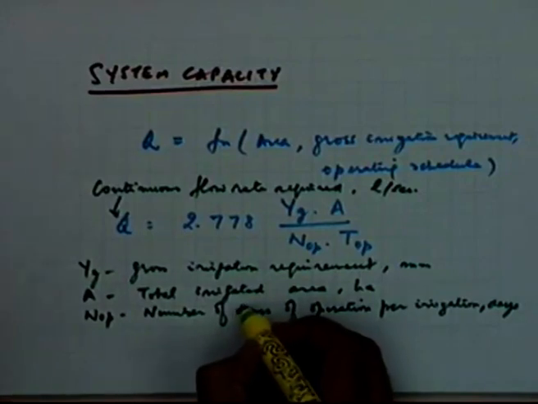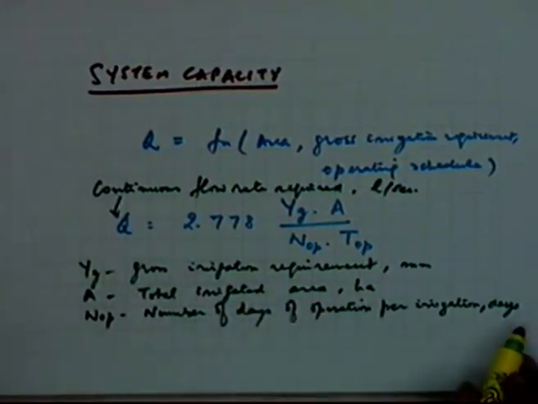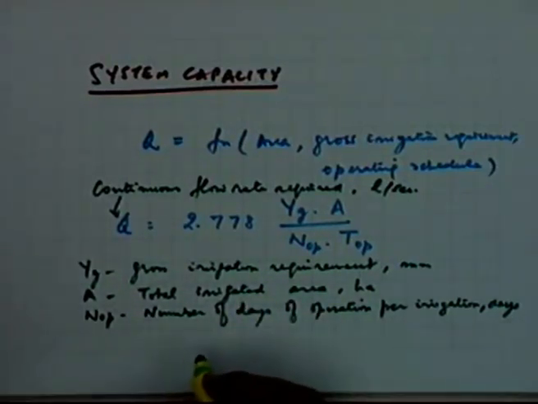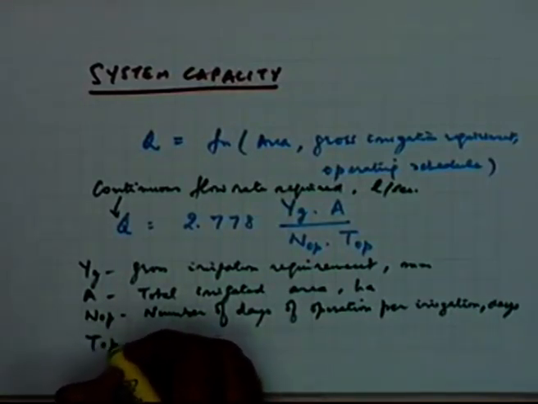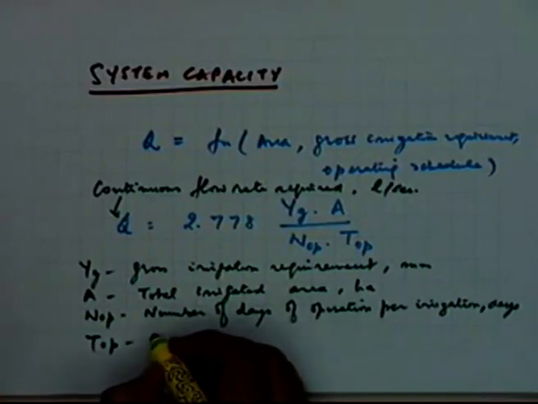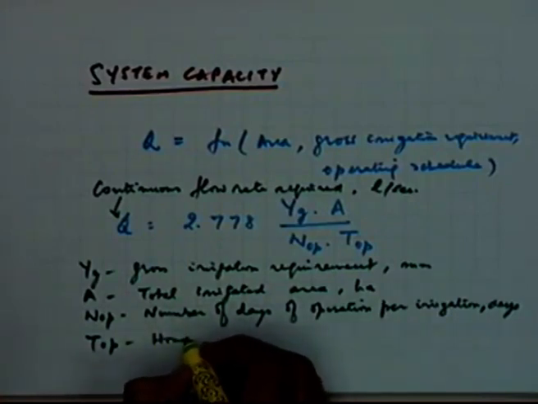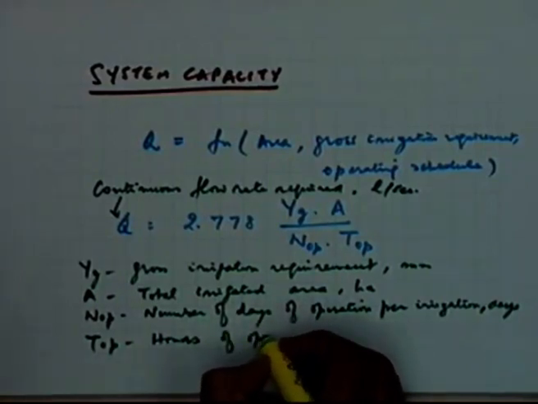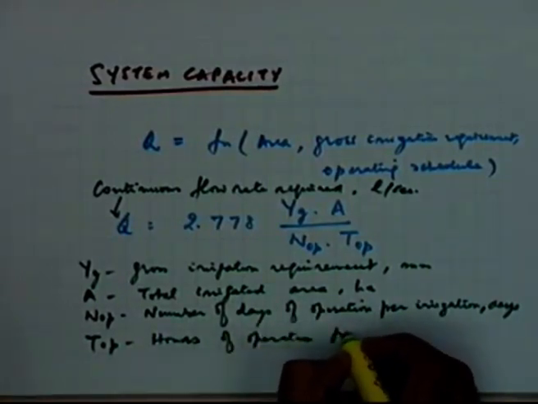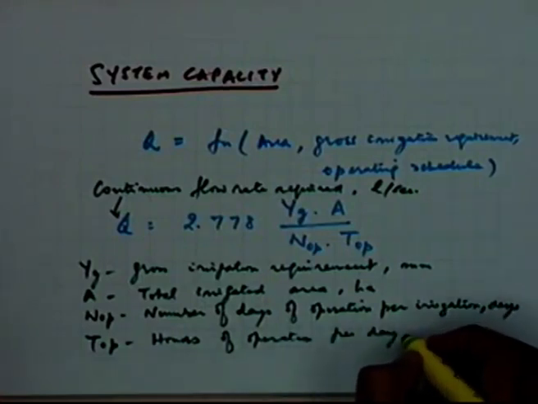So for how many days the irrigation has to be done. And TOP is the number of hours of operation per day.